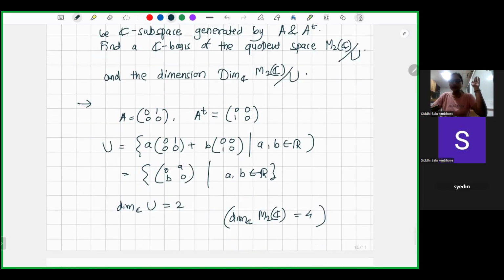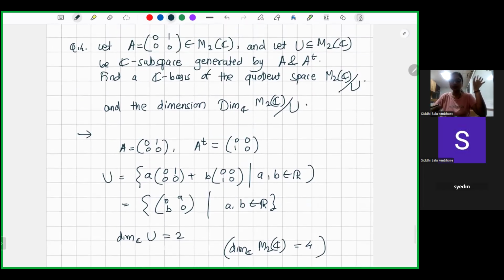So in short, to find the dimension and basis of a quotient, first we have to find the basis of a given space U, and then we will get hold of the dimension, because the dimension of V quotient U will be the dimension of V minus the dimension of U. So we will have the number of elements in the basis, and then we have to take the complement space.